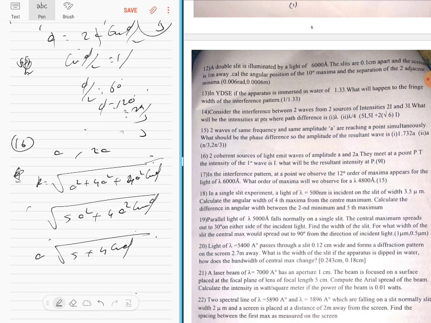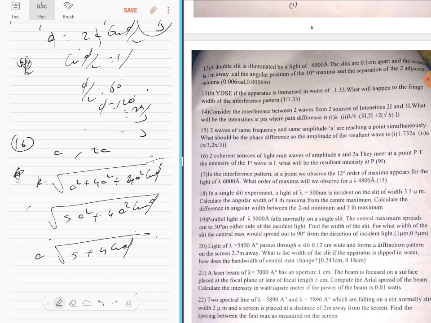Two coherent sources of light A and 2A meet at the point, intensity of first wave is I. What will be the resultant intensity? I'm trying to do the resultant amplitude, but how do I do this sum?